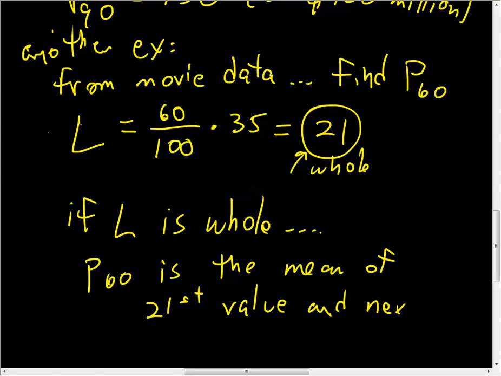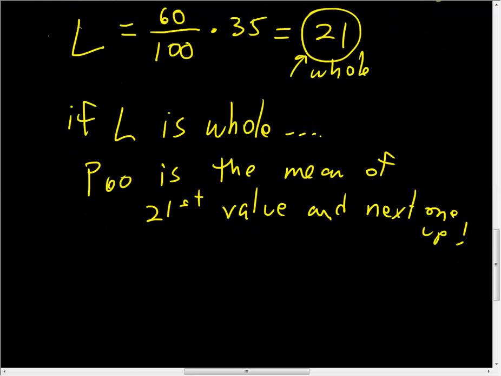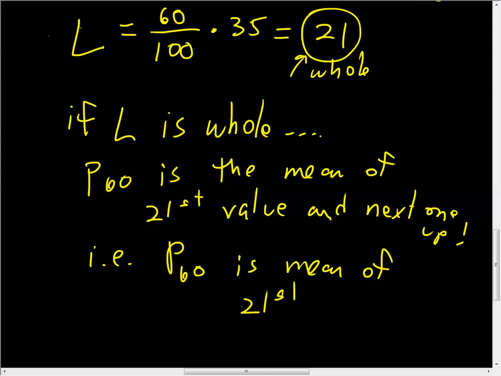Kind of simple language here, but I think you get the idea. In other words, the 60th percentile is the mean of the 21st and the 22nd value in your sorted data list.